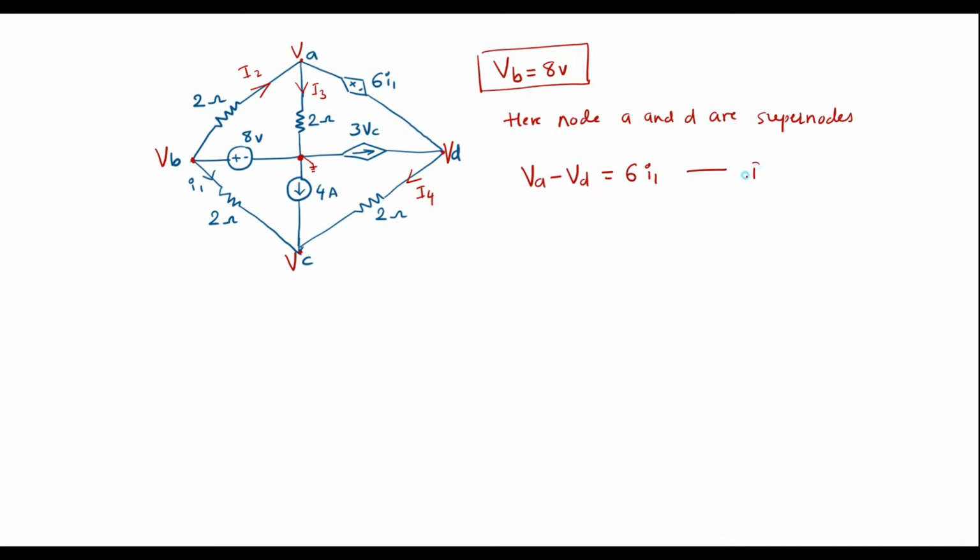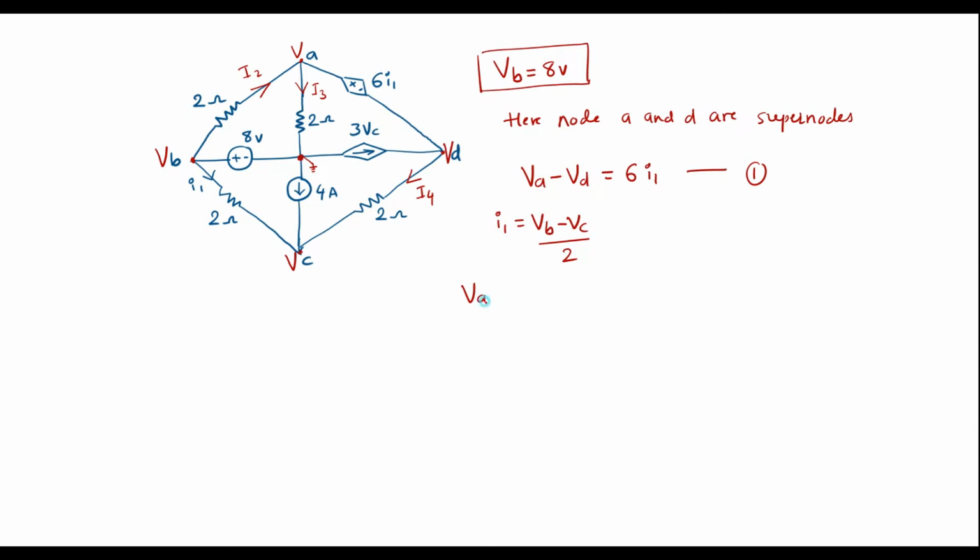Let me call it as equation 1. So now here we can see that I1 is the current which flows through 2 ohm resistor. So I can write here I1 is nothing but VB minus VC divided by 2. So let me substitute I1 value in equation 1.